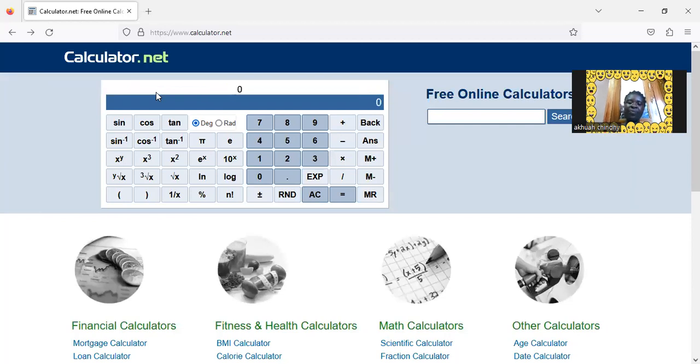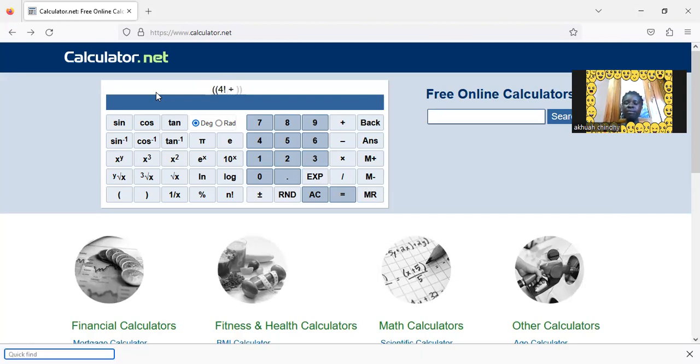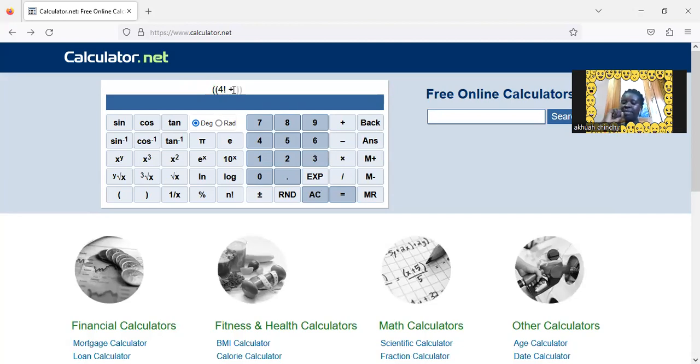So we have our n factorial, that's 4, divided by, sorry, our n factorial divided by x factorial. So now x is 0. You can just punch on the calculator, just go straight ahead.